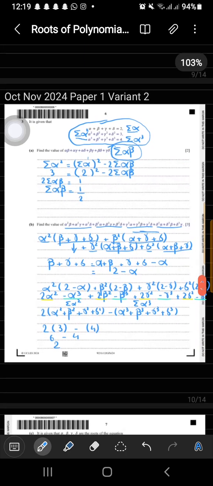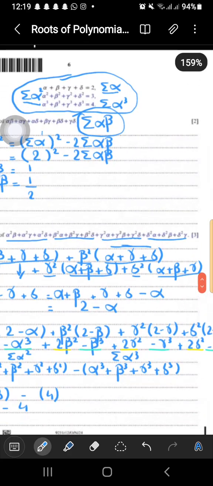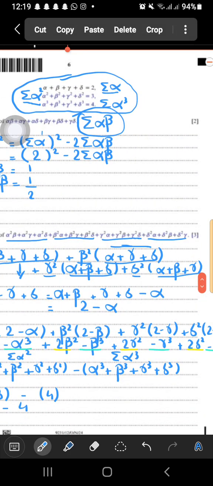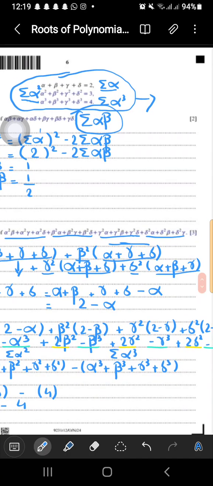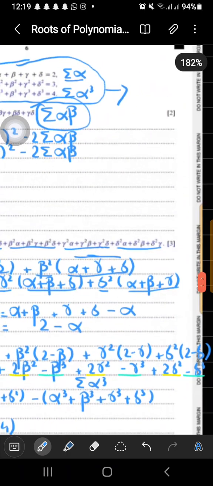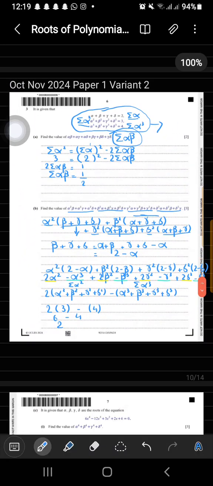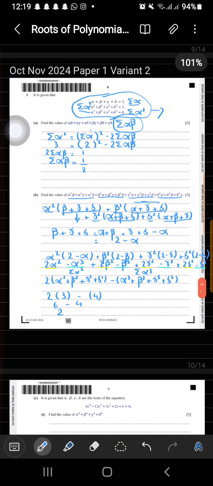Things to remember: this data will be useful here. This data is not expired for this part, it is still useful. So we have to use that data.